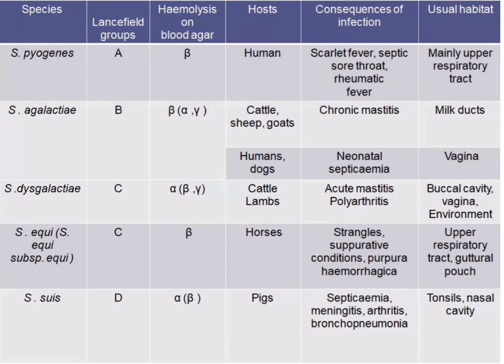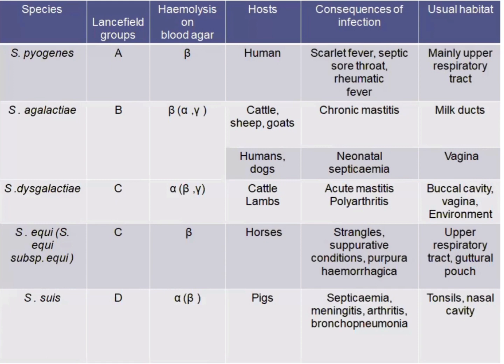So these are the clinical conditions caused by Streptococcus equi, and its usual habitat in horses is the upper respiratory tract and guttural pouches. So Streptococcus equi is an important species and causes severe infection in the horse.